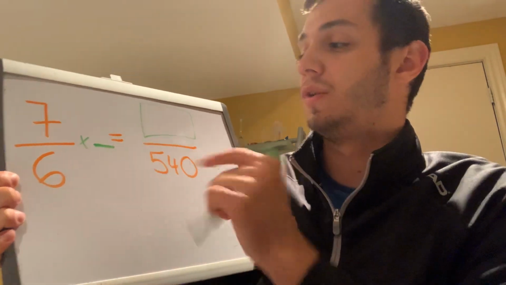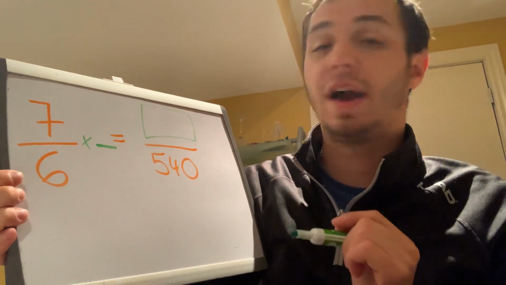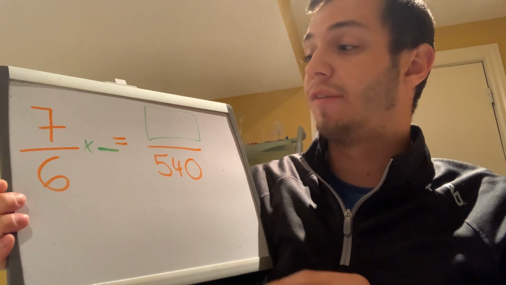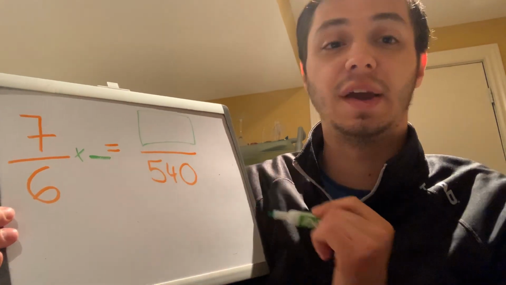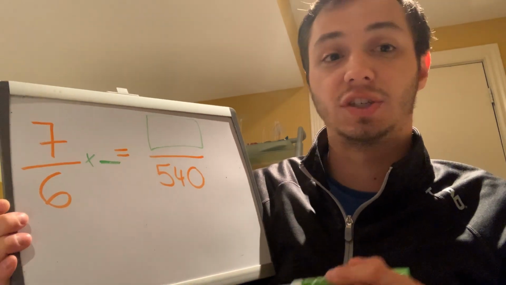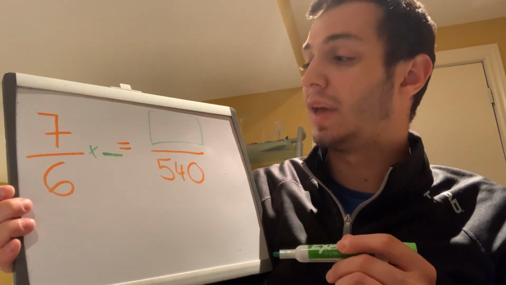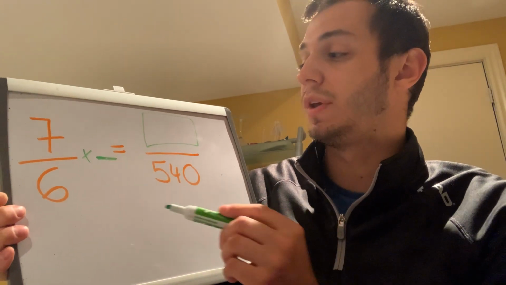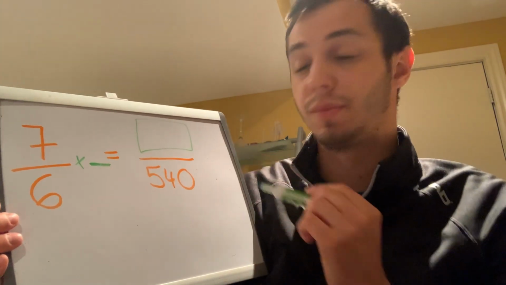So I'm going to put a little fraction here, and we have to find the top and the bottom number for that fraction. We have to remember that since this is going to be an equivalent fraction, both the top and the bottom number of this fraction will be the same. So all we have to do is find either the top or the bottom number, and then we can solve for this other missing number.